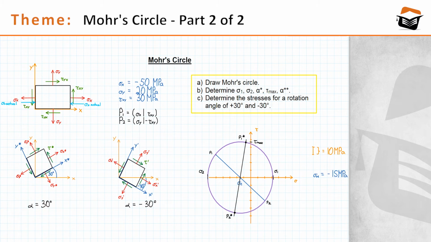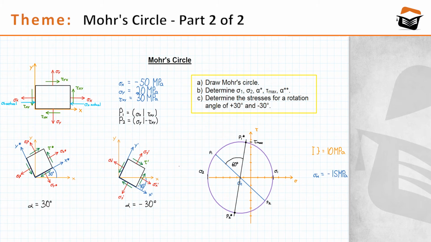I am putting the star to indicate that the stress coordinates will correspond to an angle of 30 degrees to the initial x-axis. Okay, and for reference, I will also label this angle, which is 60 degrees between the old line and the new line.